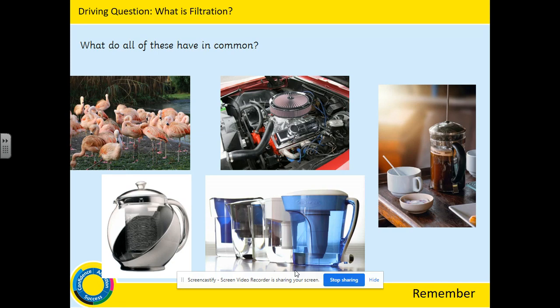Ask your mom or your dad, what are some of these objects and what are they used for? Pause the video and give yourselves 5 minutes to attempt this question. Again, the question that you should be answering, what do all of these have in common? Go.